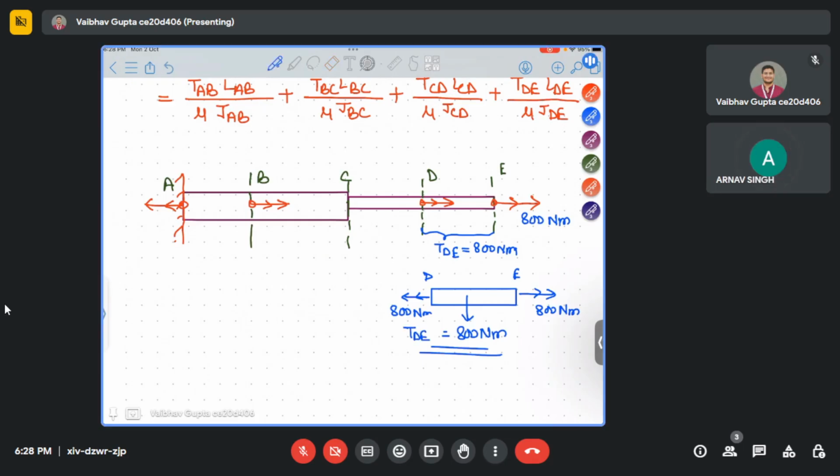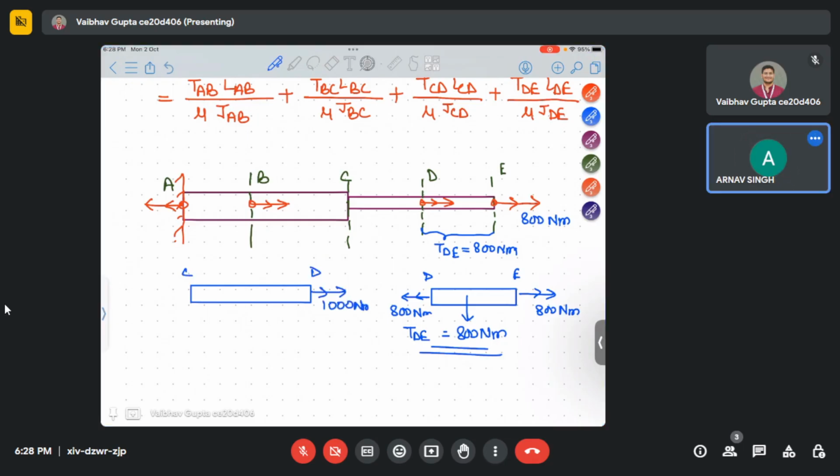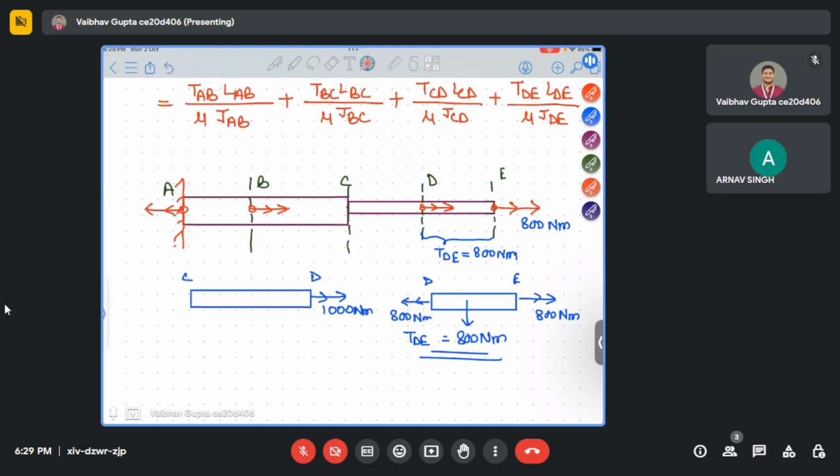Now similarly I'll do it for the CD element. See, CD has 1000 applied initially. And from Newton's third law of motion, equal and opposite load will also act at point D, so this 800 will also act.